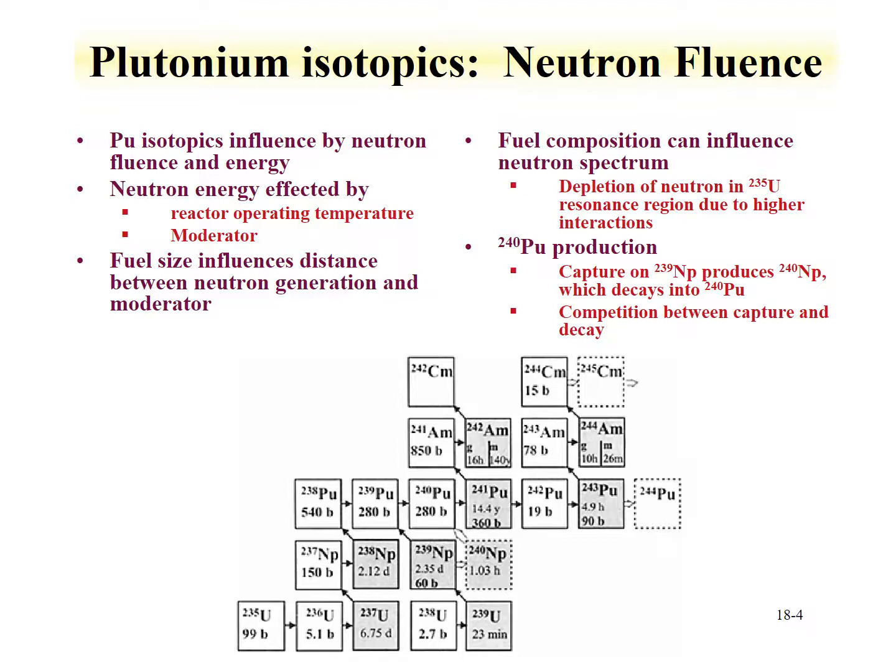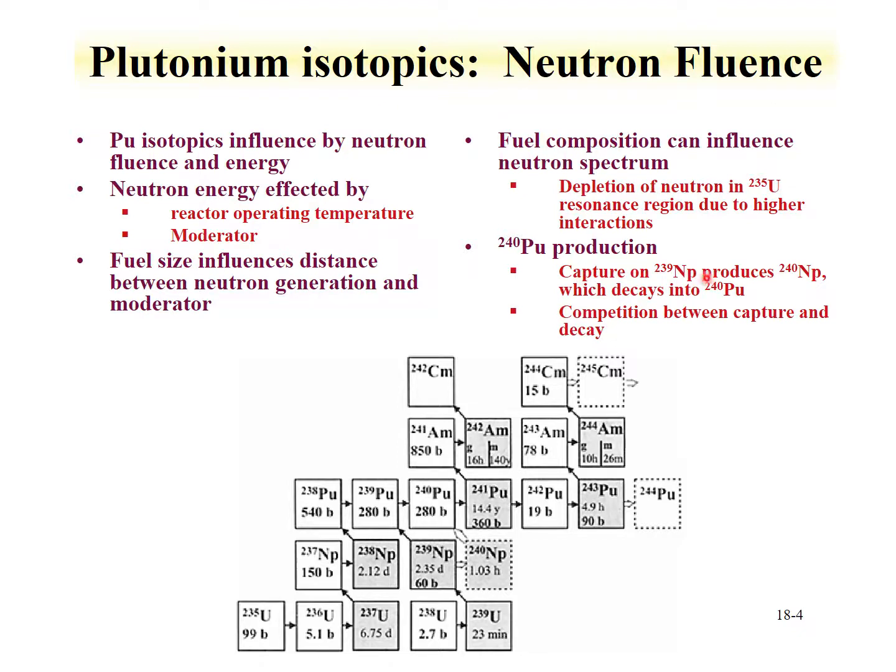For instance, fuel that's high in uranium-235 will have a depletion of neutrons in the resonance region, since those neutron energies will be captured by the uranium-235, either for fission or for capture, depending upon the reaction. Now, we've already discussed plutonium-240 production, where one would want to limit that in reactions, and this is why a low fluence tends to indicate device plutonium.